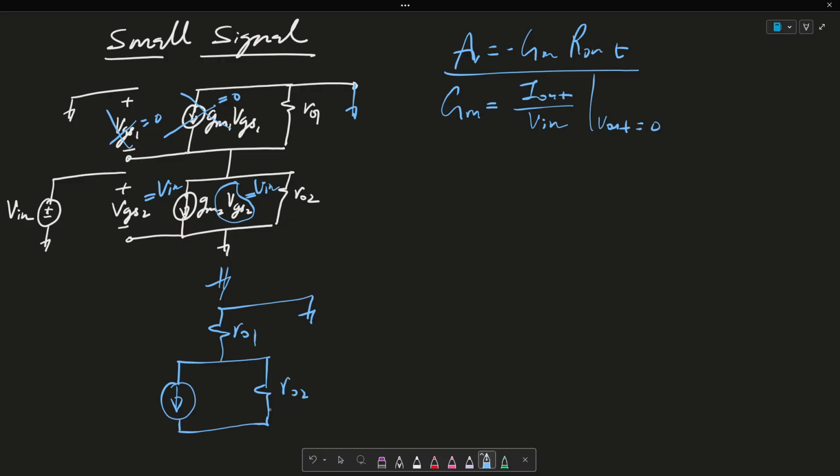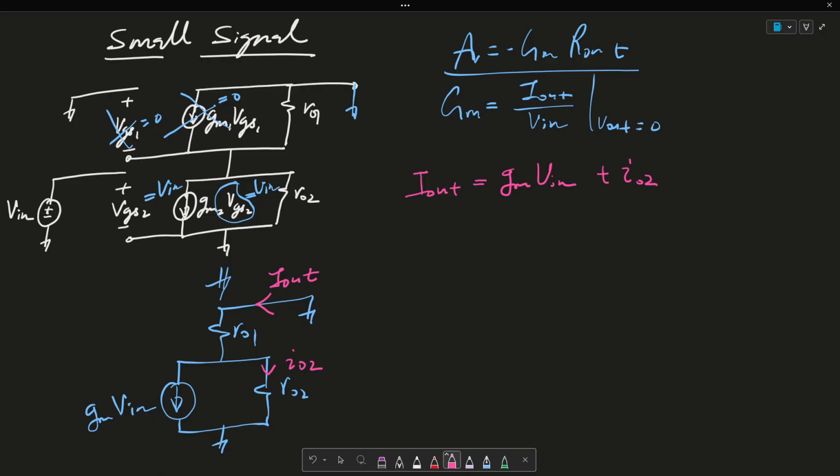So this is RO2, and this is Gm Vin. Let me go ahead and apply a current source I out. And this current source is essentially going to split here into IO2 and this current source. So I can write an equation and I can say I out is equal to Gm Vin plus IO2.